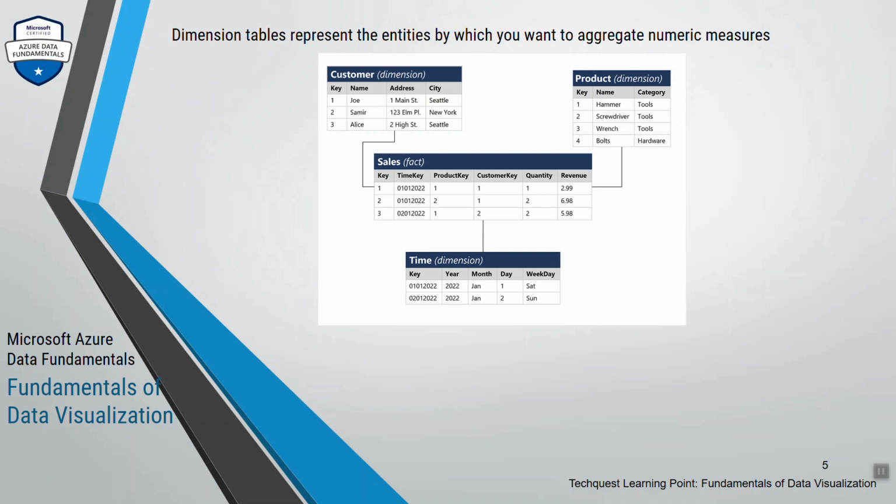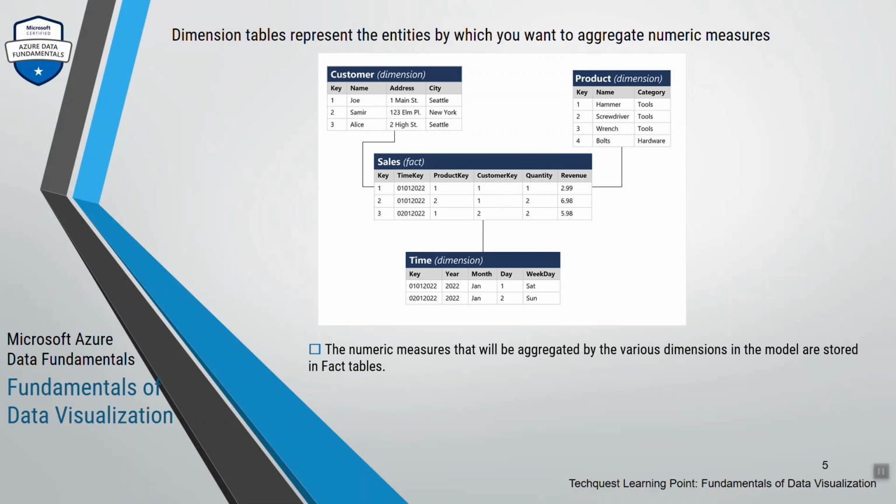It's common in most analytical models to include a time dimension so that you can aggregate numeric measures associated with events over time. The numeric measures that will be aggregated by the various dimensions in the model are stored in fact tables. Each row in a fact table represents a recorded event that has numeric measures associated with it.